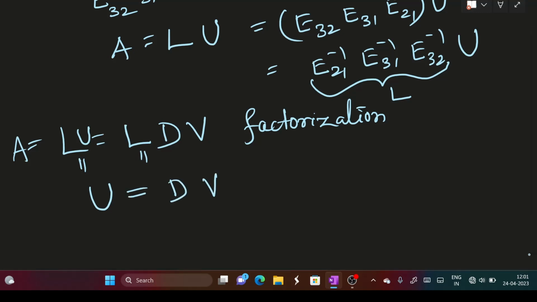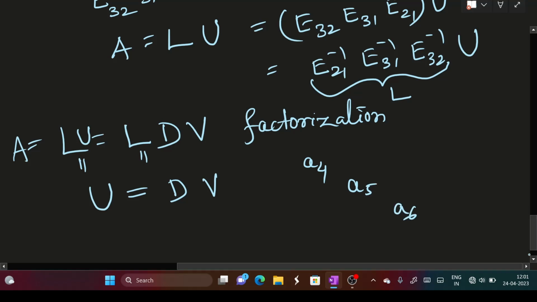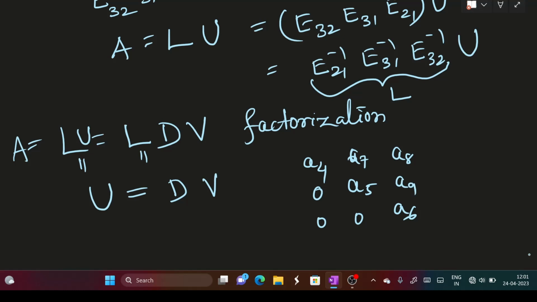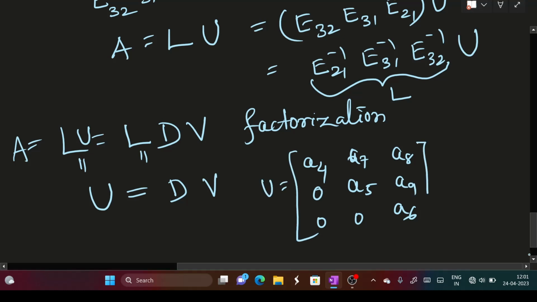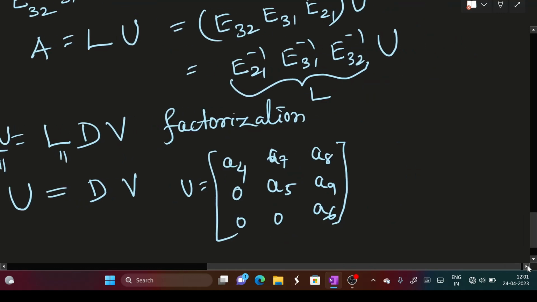So here what is our U? We have considered A4, A5, A6, 0, 0, 0, A7, A8, A9. This is my U matrix. This U matrix can be written as a product of two matrices.